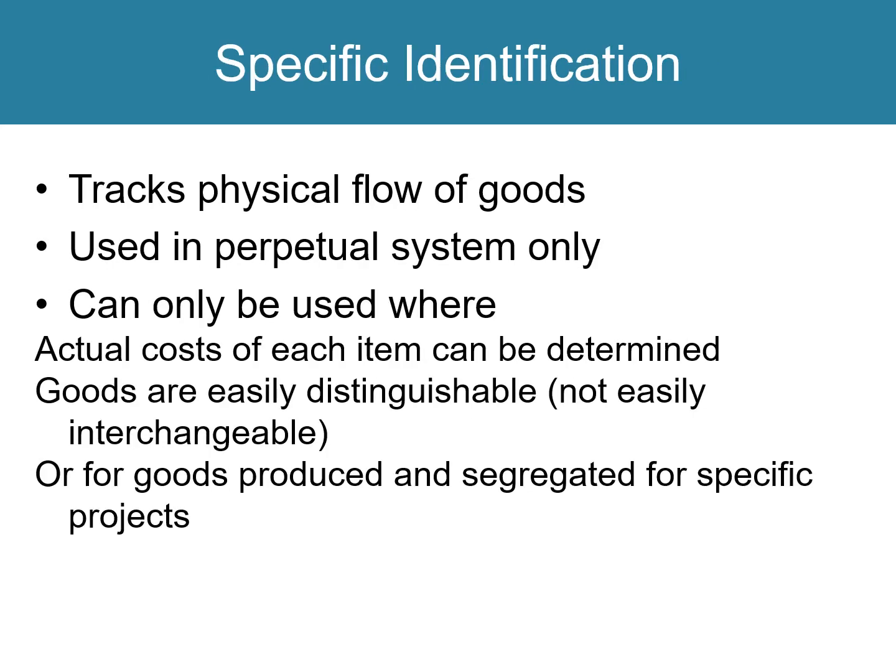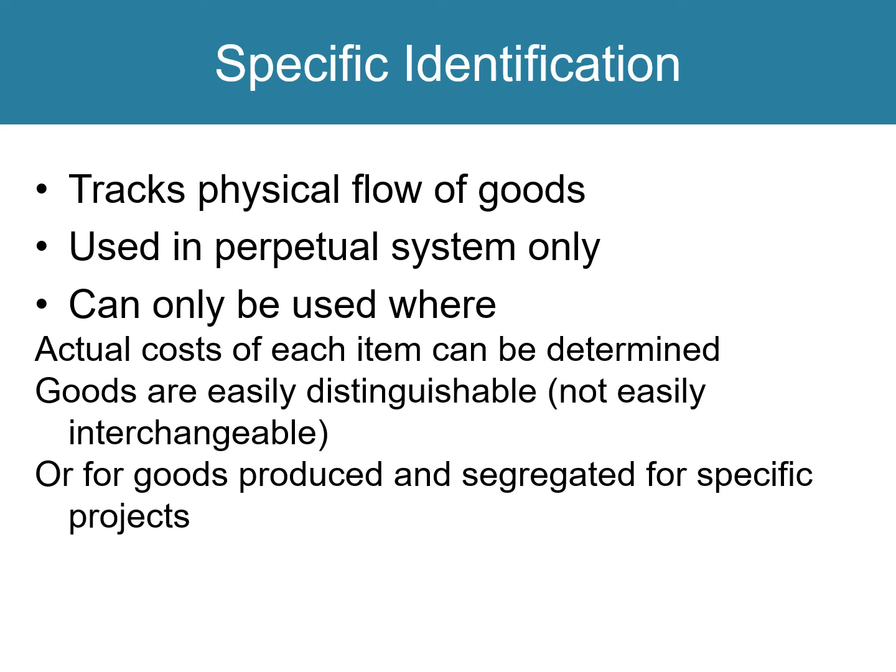Specific identification. The specific identification cost formula tracks the actual flow of the goods in a perpetual inventory system. This cost formula is used for inventories that are composed of unique identifiable items. So for example, think of a car dealership that sells very expensive vehicles such as Maserati. In that case, the owner would actually know the price of each Maserati because they're very unique and identifiable.